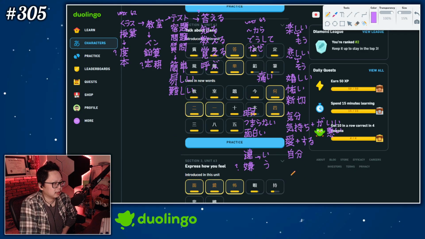One kind of looks like this. And then the other one looks like it has this radical like this.